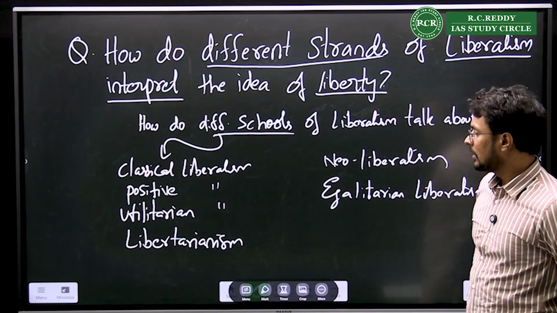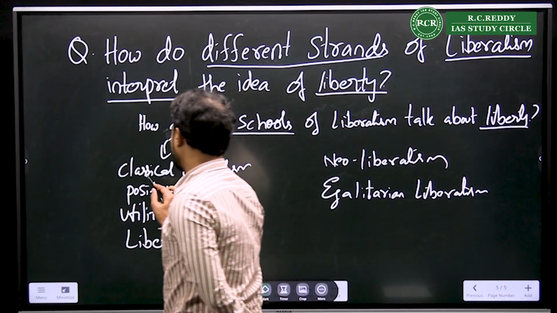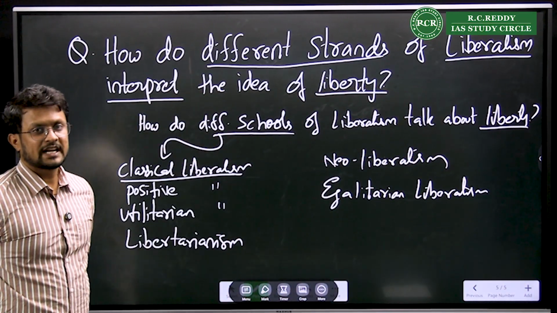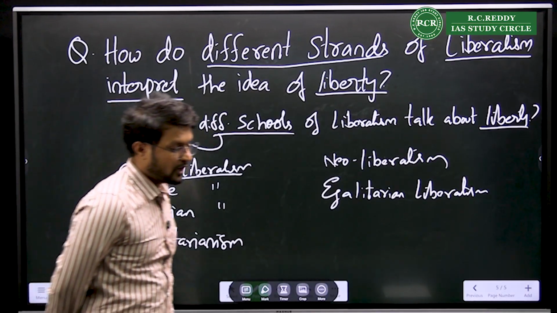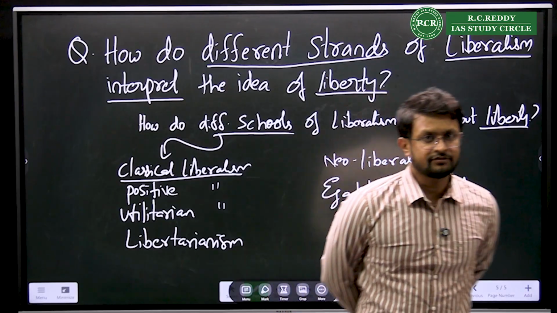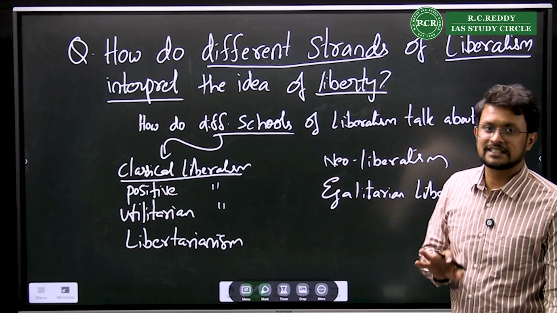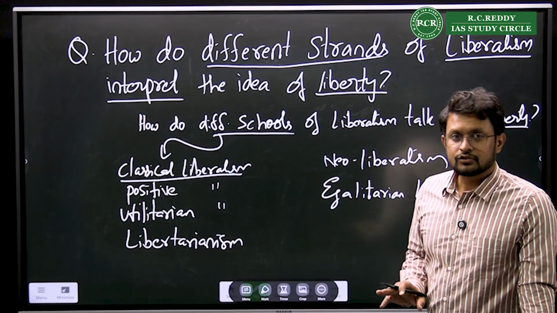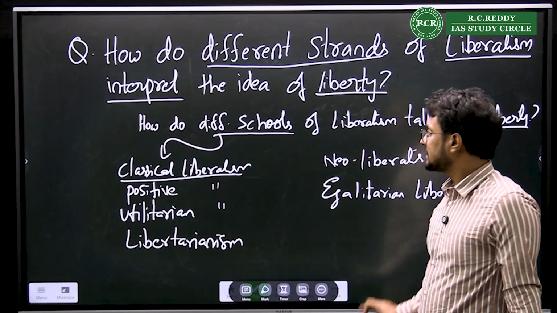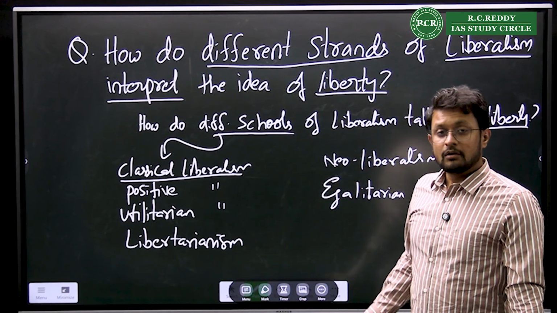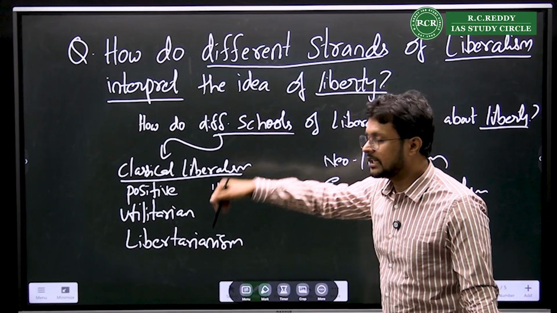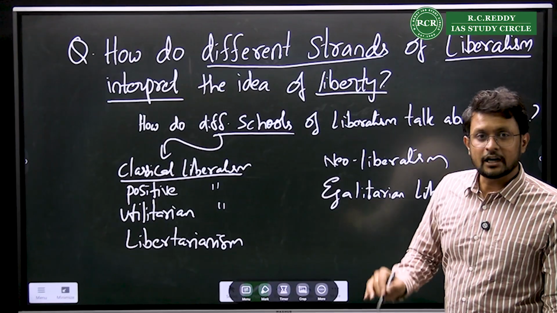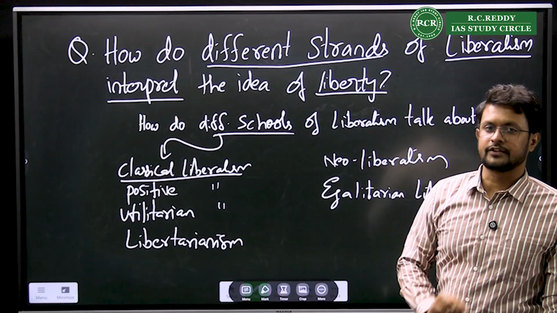Right? So, classical liberalism talks about the necessity of liberty, but it stops at the point saying the state function is just a protection of rights, right? So liberty is a cornerstone philosophy for all these schools. But how they have liberty being protected or provided in the state is the core of the question.